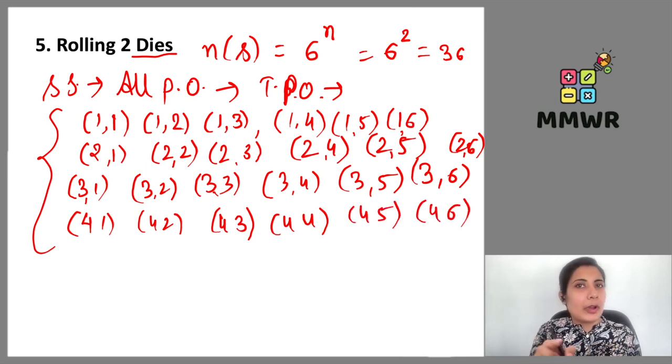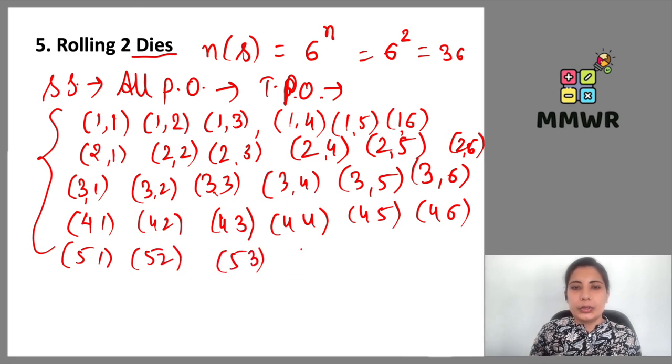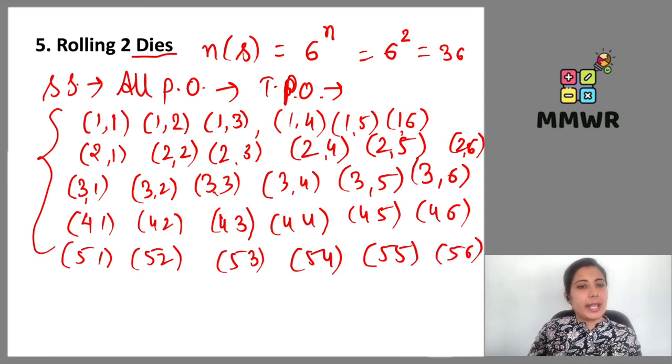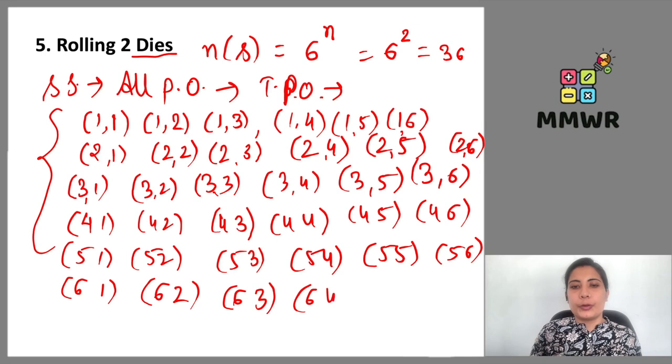So here also after fixing 4 again we'll have 6 more outcomes. We will be fixing 5 this time, 5 1, 5 2, 5 3, okay, 5 4, then 5 5, both the dice are showing 5 only, and the last one is after fixing 6 on the first dice. So 6 1, 6 2, 6 3, 6 4, 6 5, and the last one is 6 6.